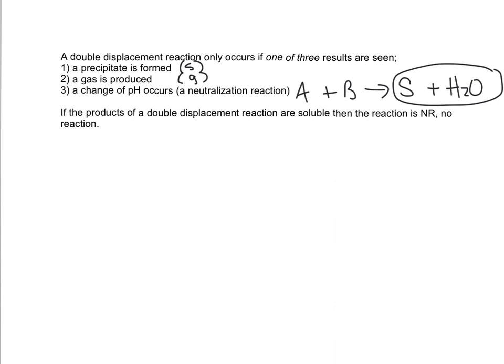All right, so these 3 things are clues that a double displacement reaction has occurred based on your observations. If both products of your double displacement reactions are soluble, then we won't see a reaction, so we put NR for no reaction. You just end up with a beaker with a bunch of ions floating around.